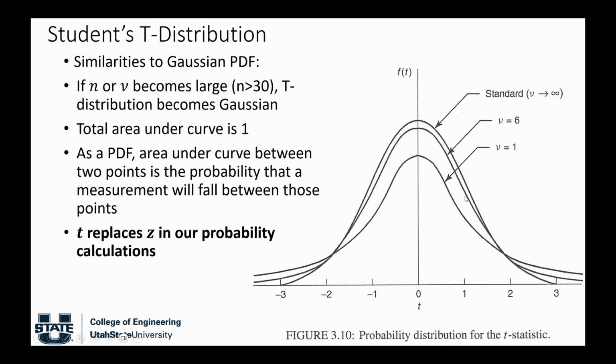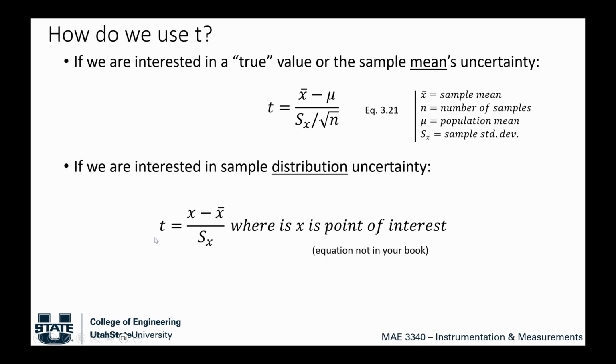That's what Student's T distribution is: the correlation between this distribution and the Gaussian distribution. Essentially we are getting the area under the curve for this new probability distribution function. T in this case replaces our Z in all of our probability calculations.